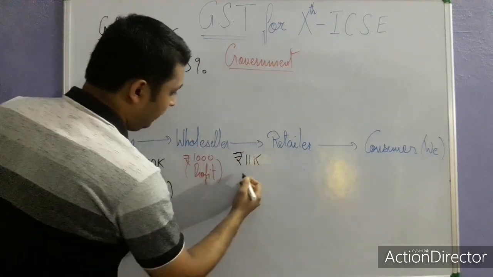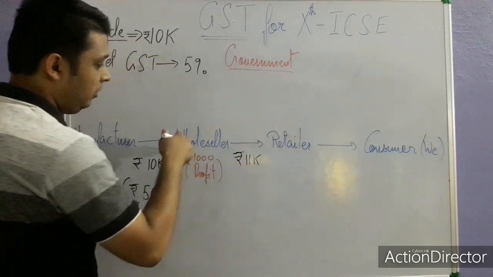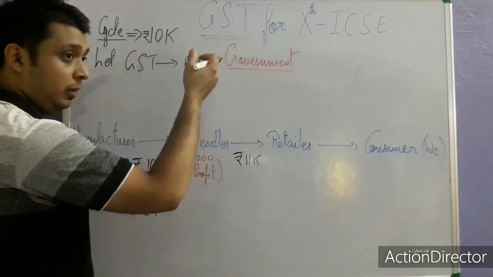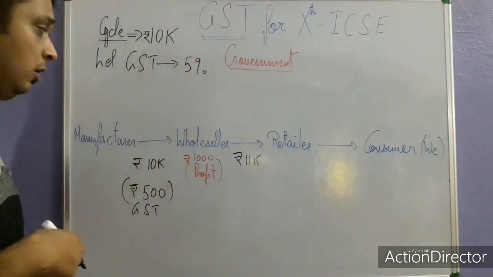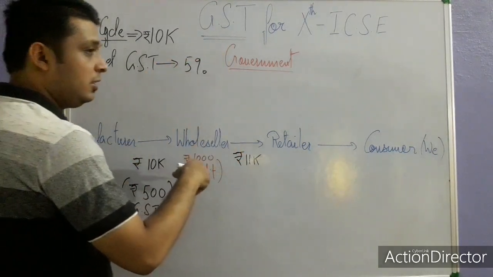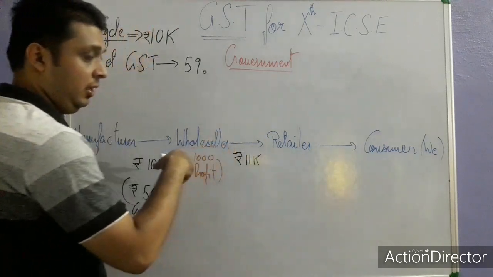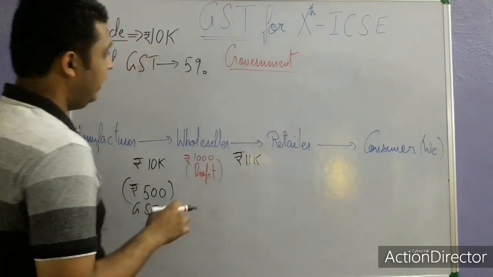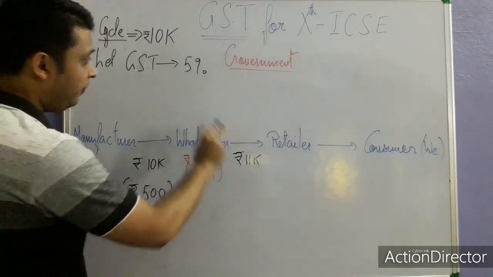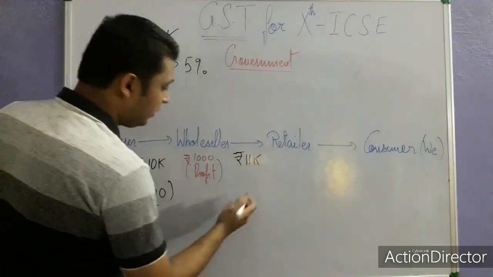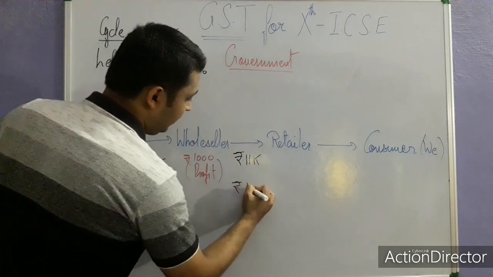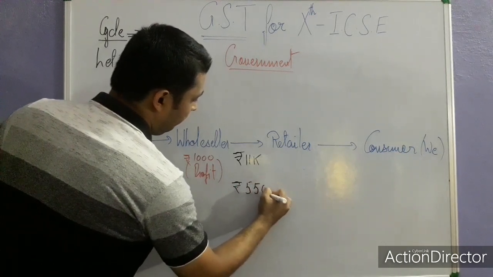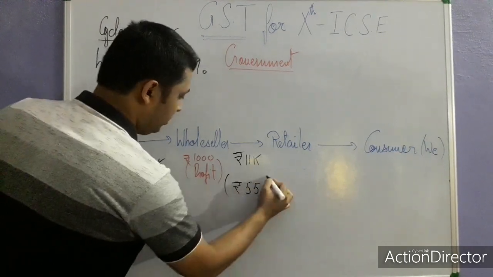So the GST amount is paid by the retailer to the wholesaler to be given to the government. I am repeating all these things because whoever purchases the goods has to pay the GST, which is given to the government. Clear? So now let us come back. So 5% of GST is applied on this. So the amount for GST came out to be rupees 550. So this is the GST amount.